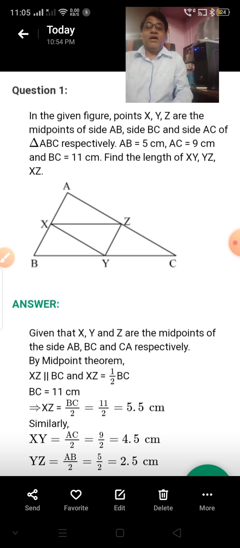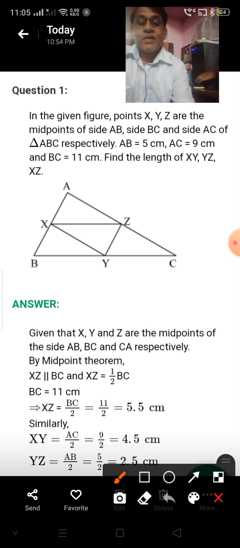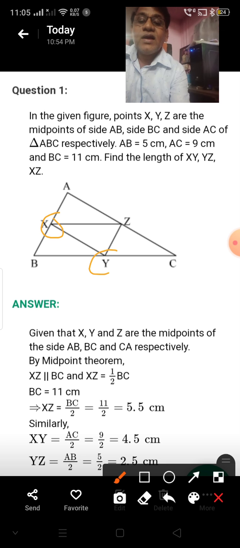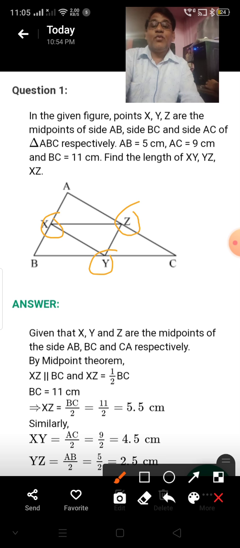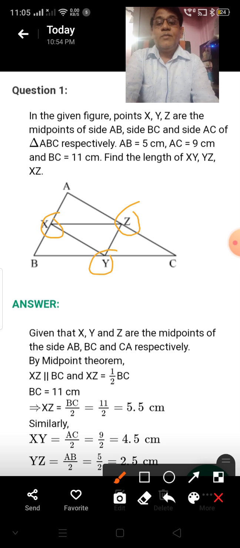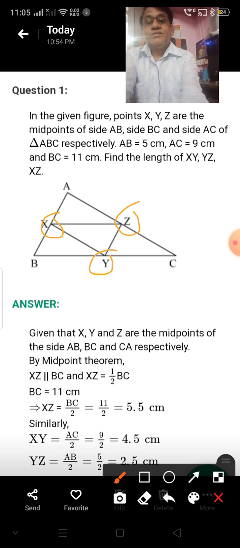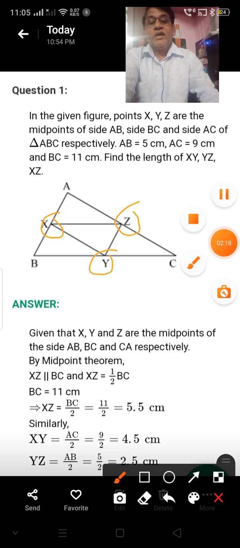Now here in triangle ABC, these 3 points X, Y and Z are the midpoint of AB, the midpoint of BC and the midpoint of AC. So by using this you can solve the following.